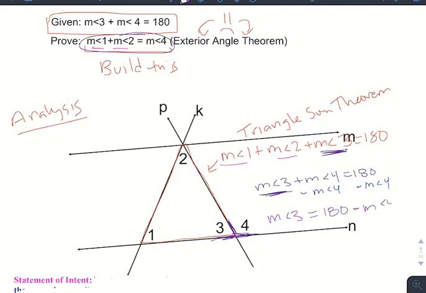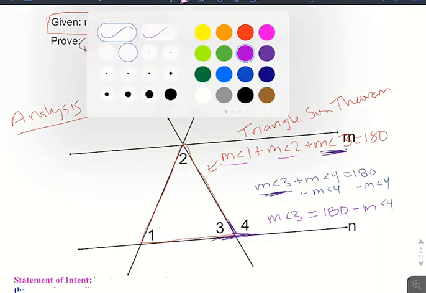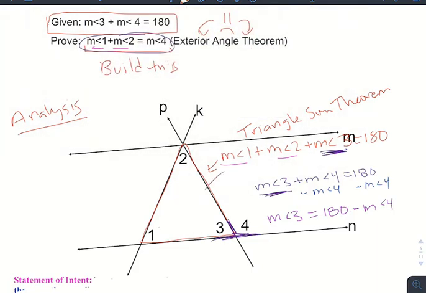If I do the same trick I did in the previous one, where I bring these equations together, substituting out the measure of angle 3 in both equations and combining them, I should end up with the measure of angle 1 plus the measure of angle 2, exchange 3 here, plus 180. Let's do it in purple, to make this more obvious.